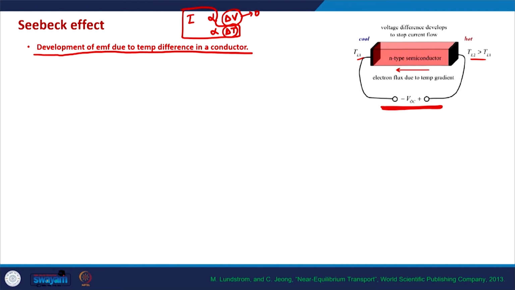And if the semiconductor is open circuited, in that case this flow of electrons will result in an open circuit voltage, which will balance the flow of electrons because of the temperature difference. And that is the root of the Seebeck effect.